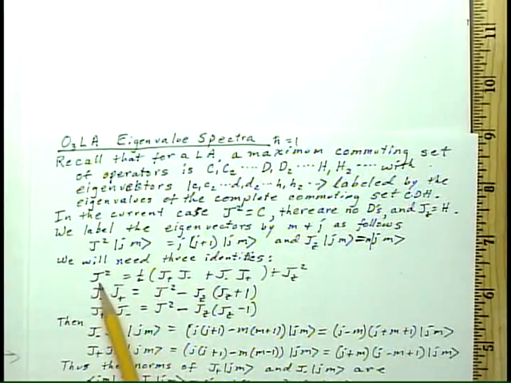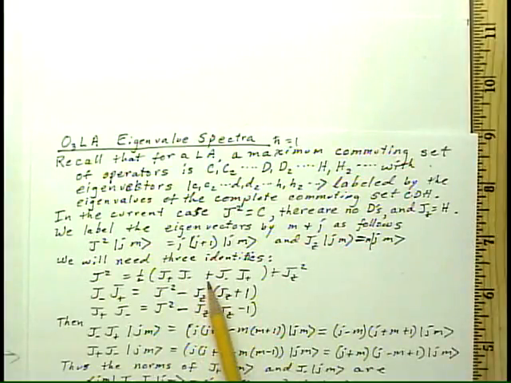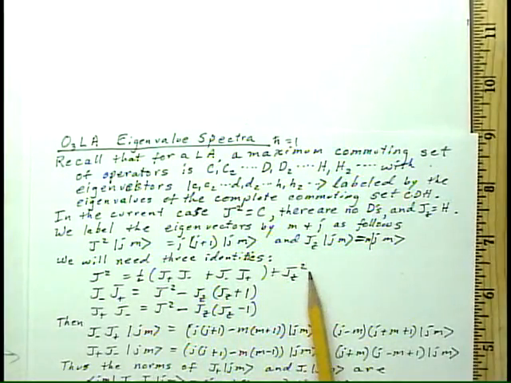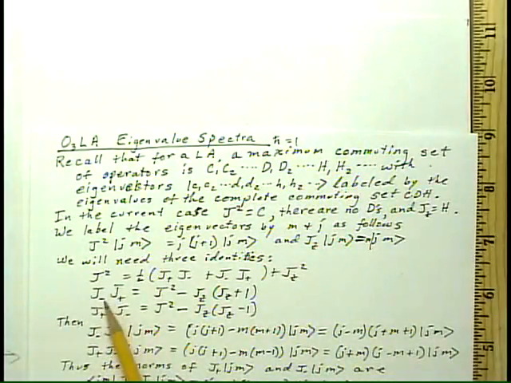We will need certain identities in order to show that. First, it can be easily shown that J squared is 1/2 of (J plus J minus plus J minus J plus) plus Jz squared. From that, one can conclude that J minus J plus is J squared minus Jz times (Jz plus 1), and J plus J minus is J squared minus Jz times (Jz minus 1).